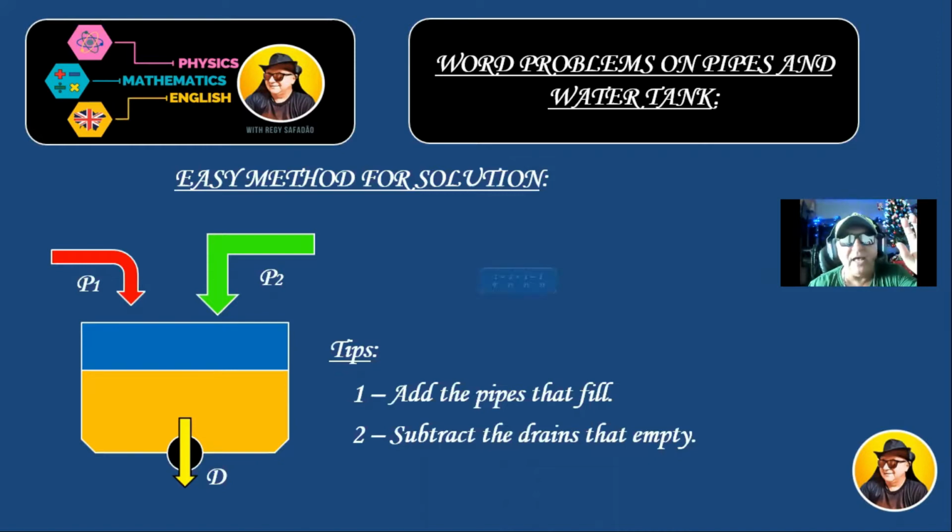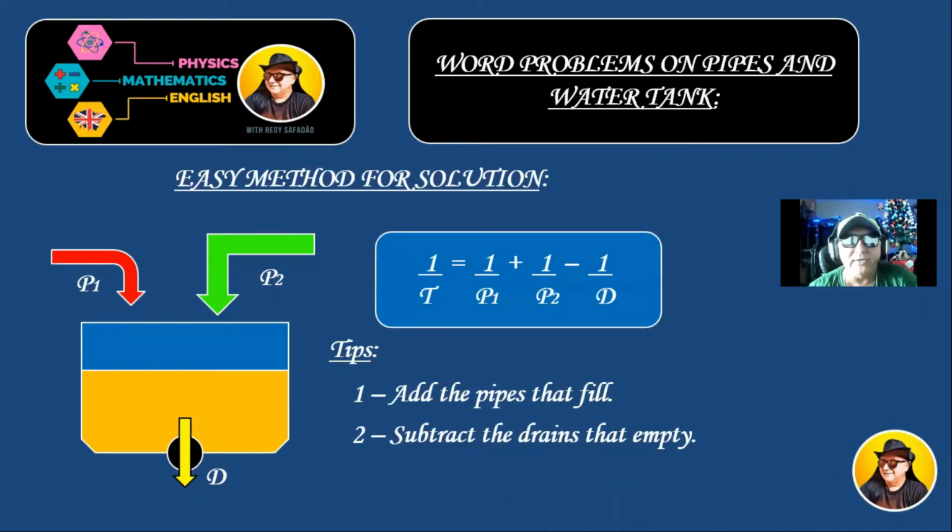So let's do this in practice. We can form this equation. 1 over T is 1 over P1 plus 1 over P2. Pay attention that P1 and P2 are positive fractions, because they fill the tank with water, and the drain is negative. Let me get a laser pointer here.